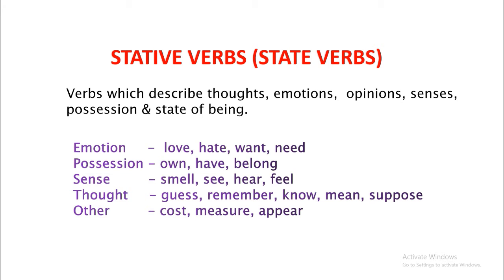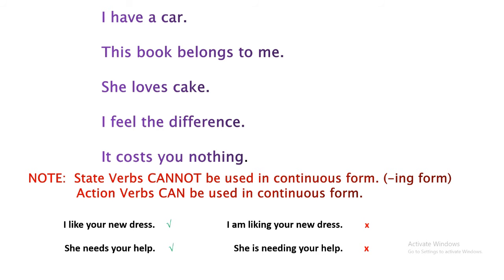These verbs are called stative verbs. In these sentences, the stative verbs are: have, belongs, loves, feel. These verbs do not show what the subject is doing, but they show what the subject belongs to, what the subject has, what the subject loves or feels.